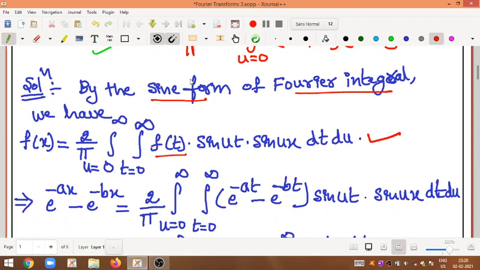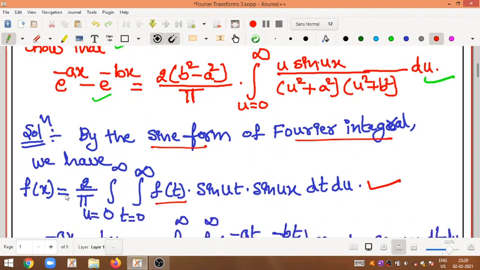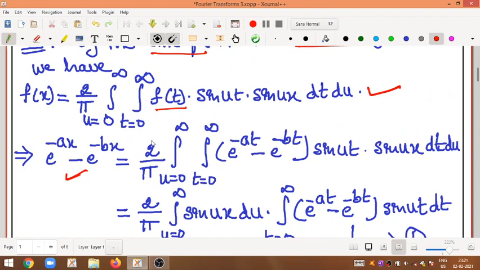Here in this problem, f of x is equal to the left side part, that is e power minus ax minus e power minus bx. In this formula, it equals 2 by pi integral 0 to infinity and integral t is equal to 0 to infinity, as it is.